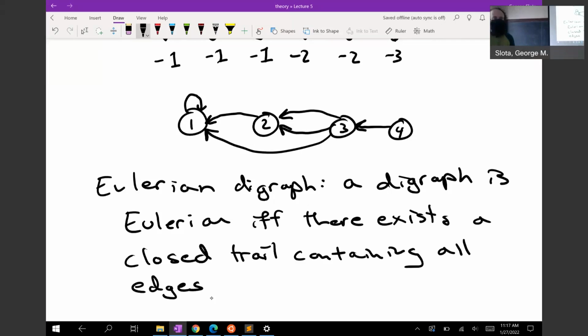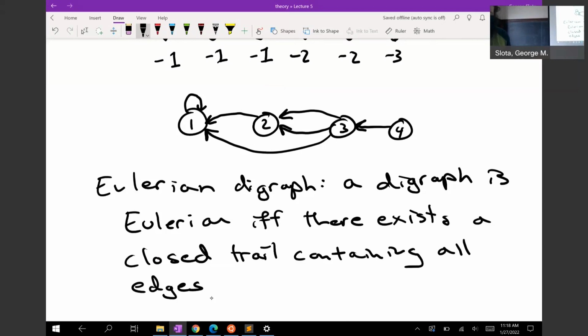So an Eulerian digraph is a digraph with a closed trail. Exact same definition as in the undirected case, except now we're saying digraph instead of graph. Obviously, the trail in this case is a trail that follows the directionality of all edges.